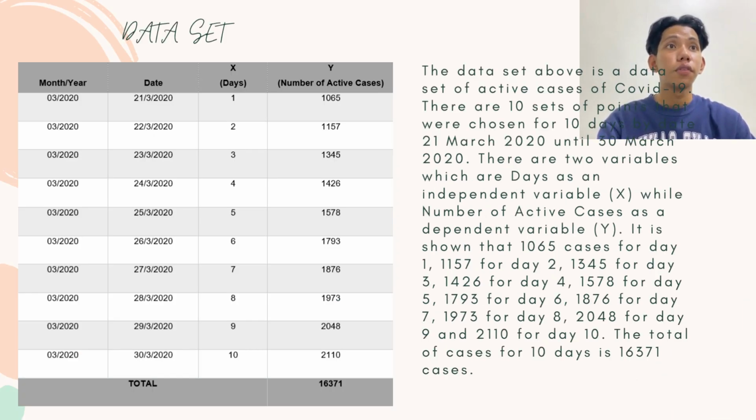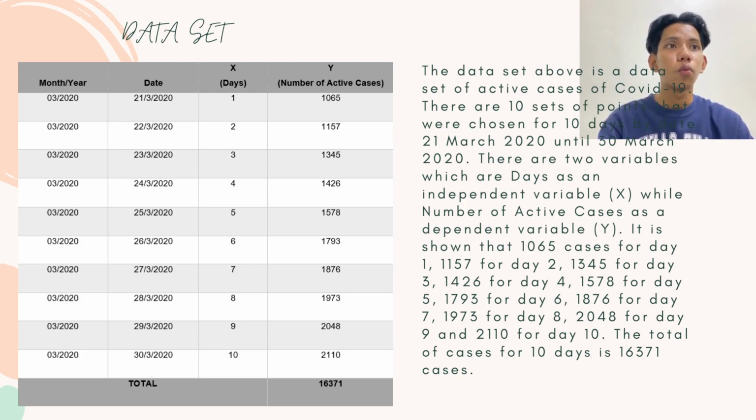The data set above is a data set of active cases of COVID-19. There are 10 sets of points that were chosen for 10 days, from 21 March 2020 until 30 March 2020. There are two variables: days as the independent variable x, while number of active cases as the dependent variable y.